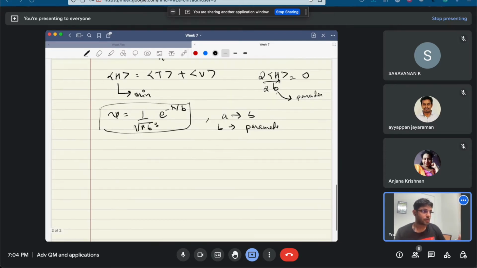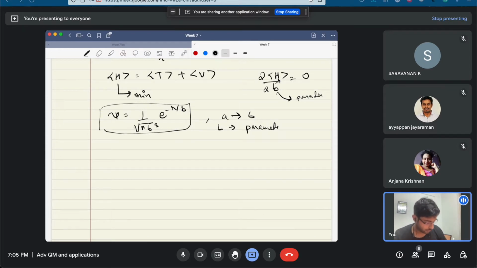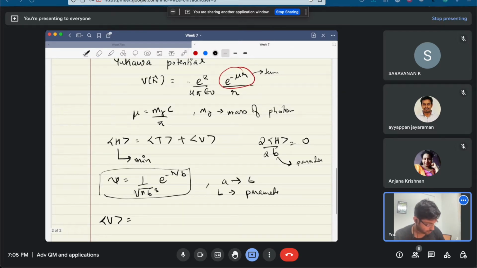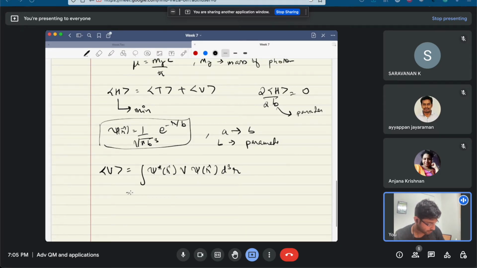Okay, so first, let's say we find the potential term, which is here. So your V here is defined on the top as this. So this is nothing but the integral of ψ*(r) V ψ(r) d³r, and we are going to put the potential here.